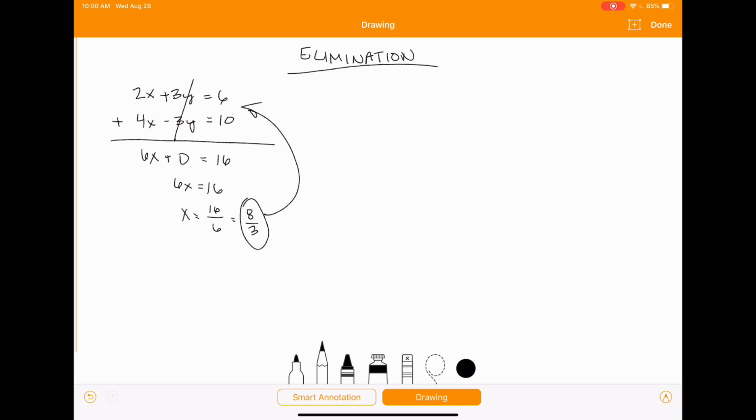Now, looking at another example, if we've got x plus 2y equals 9 and 5x minus 4y equals 20. Now, if we look at this, if we were to just add these straight across, we're going to get 6x minus 2y equals 29, but we still have two variables in here.